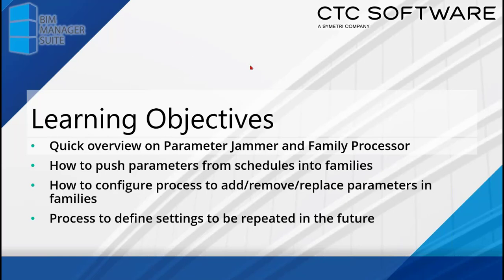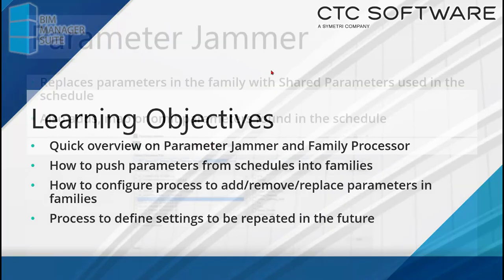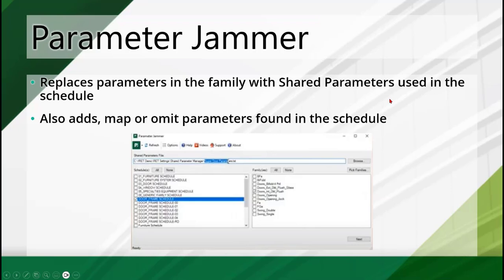So real quick, Parameter Jammer. It's from the BIM project suite, and it's going to be right in the middle of the ribbon, and you'll see that in a moment. And this app is specifically made to take shared parameters found in your schedule and replace parameters in the family if there's something that matches, like with the same name.